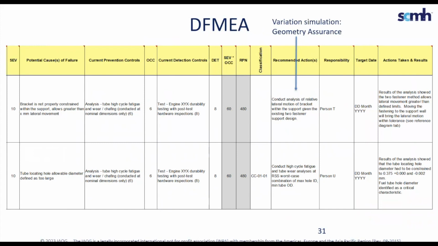The second failure mode is an example where the analysis showed that the fuel tube hole diameter must be maintained within a very specific tolerance. Since this is a safety critical severity, it was classified as a critical characteristic.